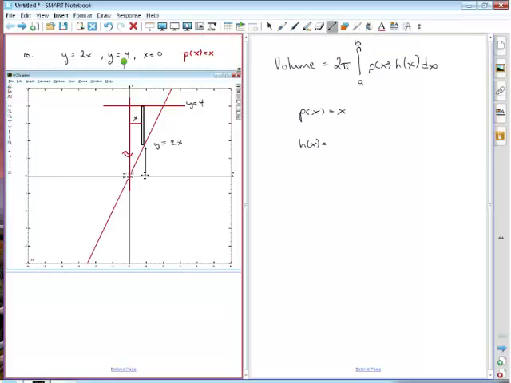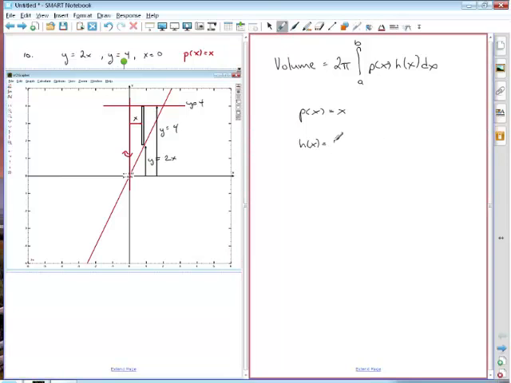This distance is y equals 2x, the bottom part, and the top part is, not really the outside radius, but the curve that defines the other side of the expression is y equals 4. So h of x is going to be 4 minus 2x.